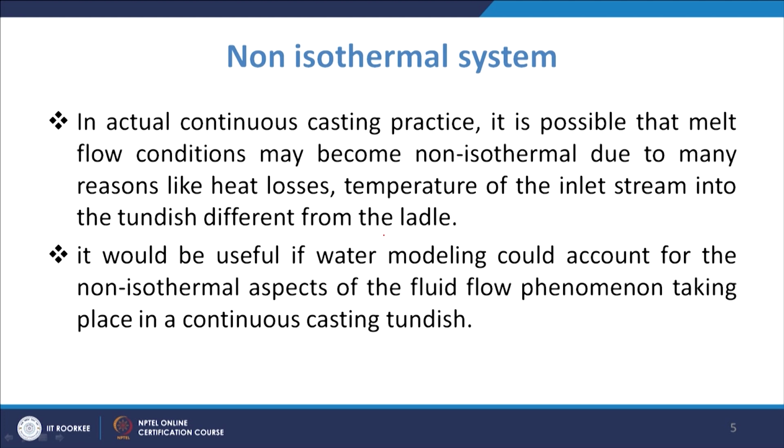Heat loss may take place either from the top surface or from the walls. So, there may be heat loss from these places, and that will lead to the change in the temperature.